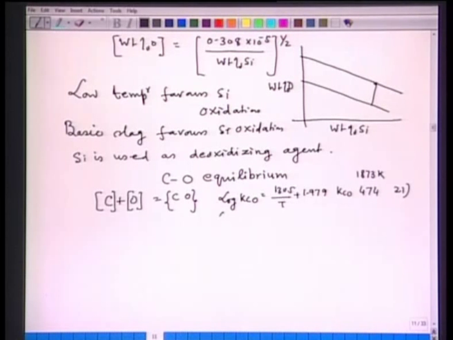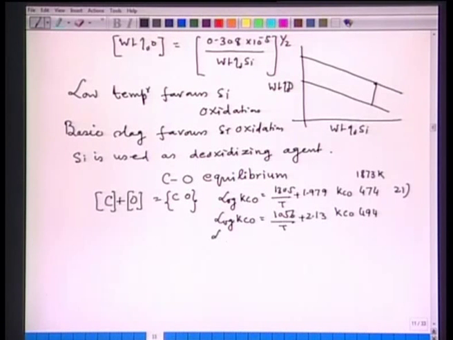Now, if I take another source, which gives log KCO equal to 1056 upon T plus 2.13, here I get KCO 494.